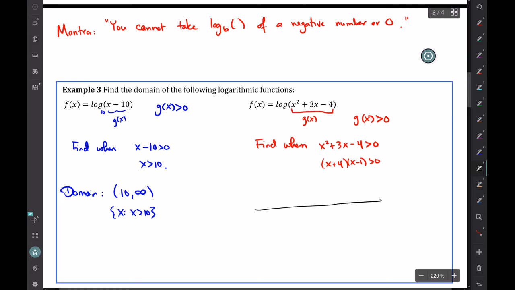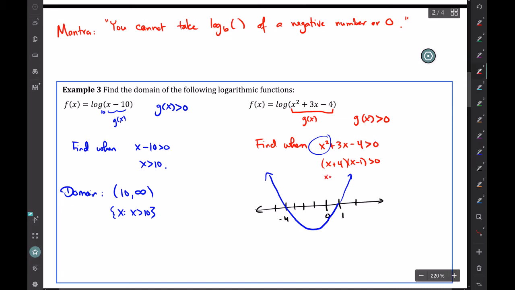And then I would plot those points on a number line. Okay, if you do some analysis like we did in the last chapter, and you look at the leading coefficient, which is 1, it's positive, and the fact that this is an x squared, we know that this function is going to be cupping up, and it's going to pass through the x-axis at x equals -4 and x equals 1. Those are the two zeros here, right?